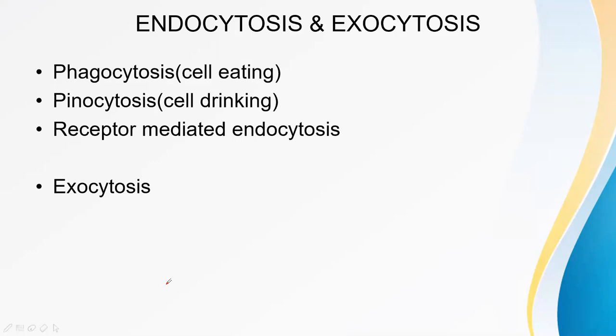For example, in the digestion process, when the food is digested, the small intestine absorbs these food molecules, like nutrients. The small intestine has finger-like projections we call villi.